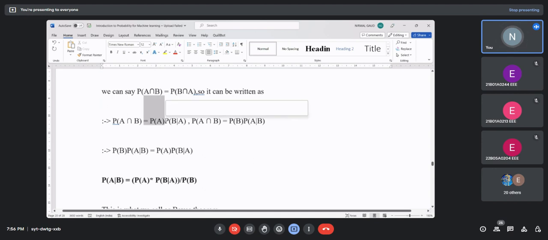P(A intersection B) is equal to P(A) into P(B|A), and P(A intersection B) can again be written as P(B) into P(A|B), because both of them are the same.